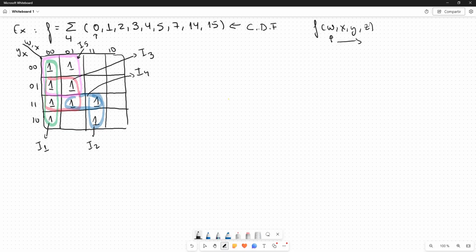We are going to make the equivalence between the prime implicants and the product terms. Prime implicant 1 is the column, so the variables that don't change are those in the column, that is W and X being 0, so both of them negated.